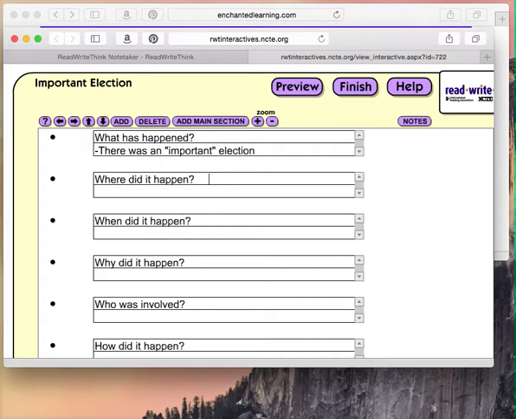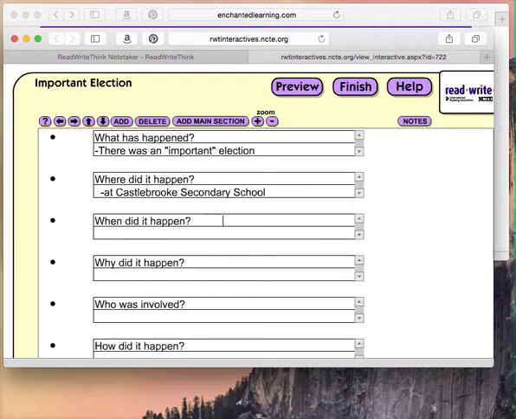Then, another question, where did it happen? For this example, I'm going to use that idea of proximity or closeness. If I know that things that happen nearby are more newsworthy, then I'm going to try to pick a nearby place. So I will say this happened at Castlebrook Secondary School.